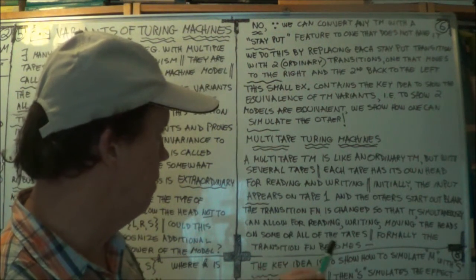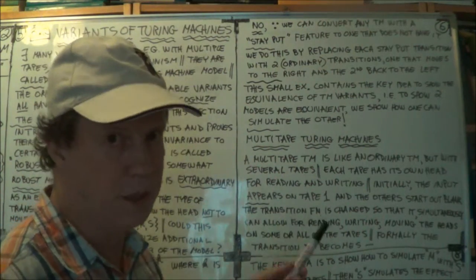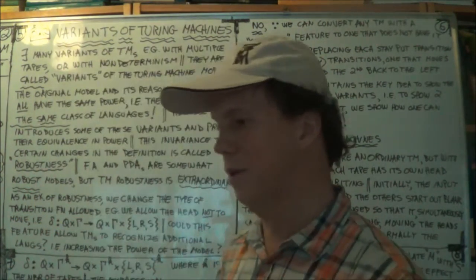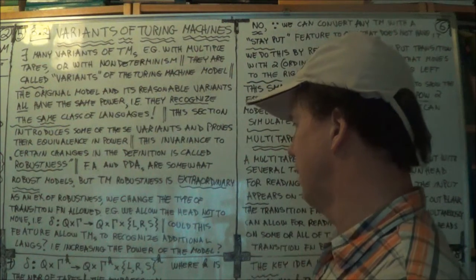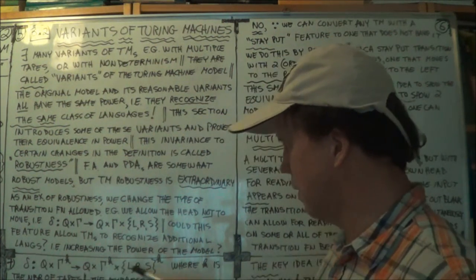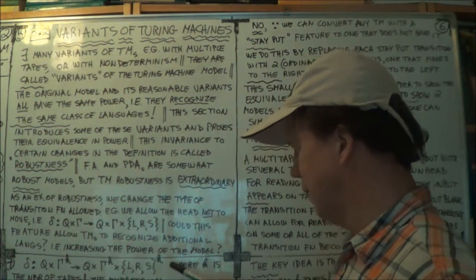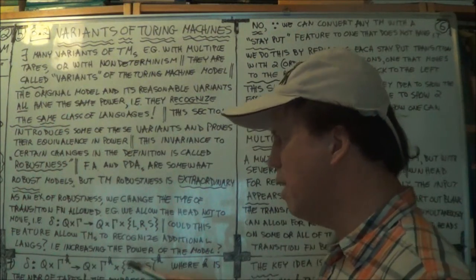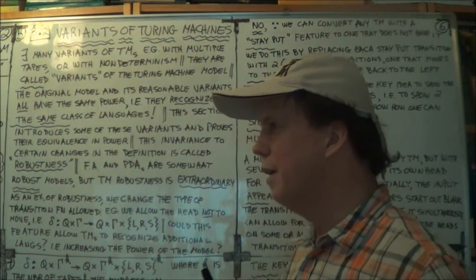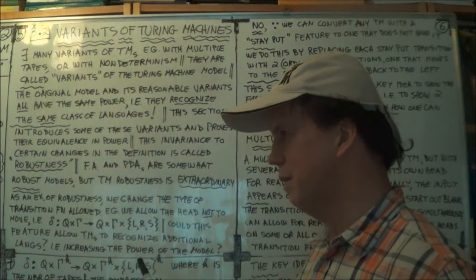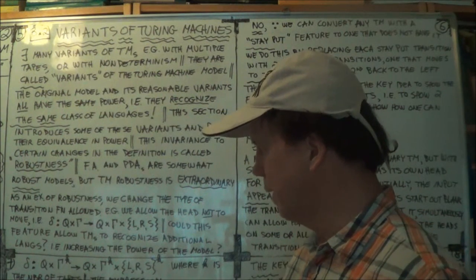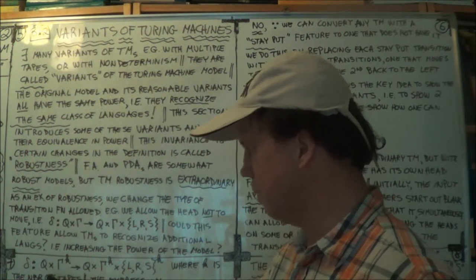So the transition function now we need to modify because we're talking multiple tapes. Now you can probably see the first line of the next session here. This is what the modified, the variant transition function looks like. A set of states as usual.